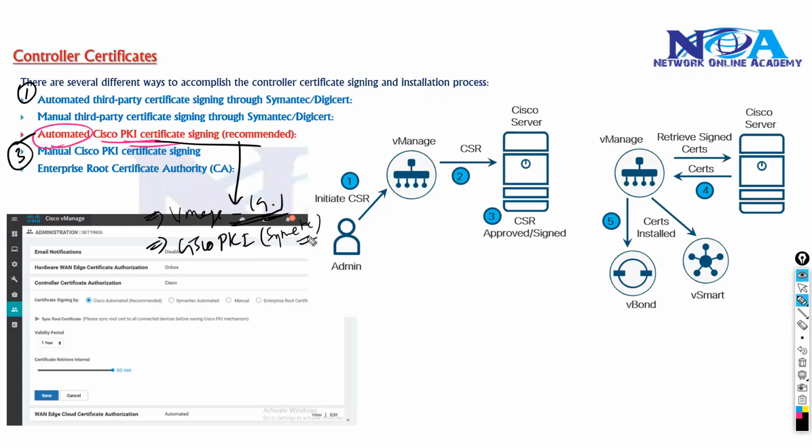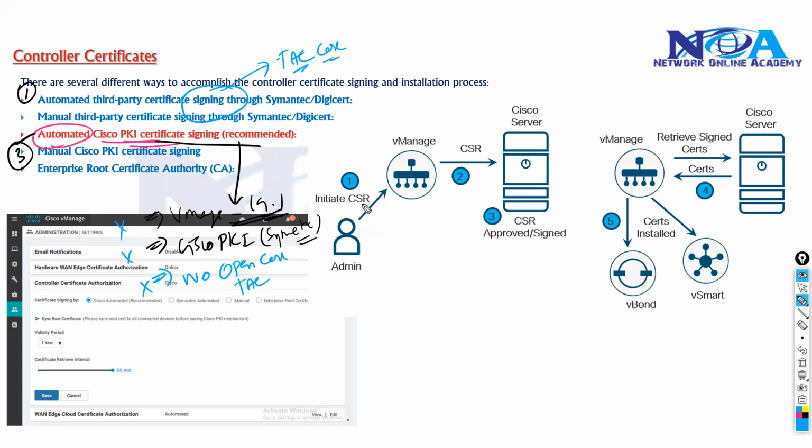And the third difference is that we don't need to open a case. If you remember, in the first two options we needed to open a Cisco TAC case. That is not required in the third option. The Cisco TAC case does not need to be opened to complete the signing process.